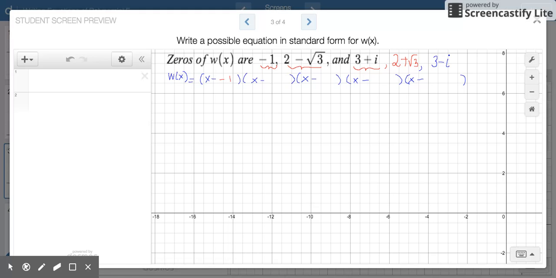Here I'll put 2 minus square root of 3. And I'll take the other irrational, so that's going to be 2 plus square root of 3. And here I'm going to take the imaginary number 3 plus i. And here its conjugate 3 minus i.